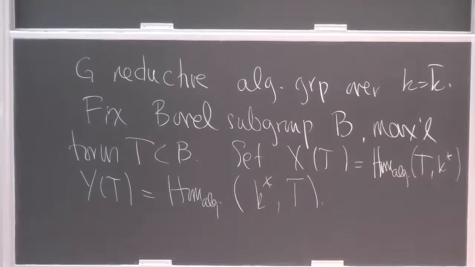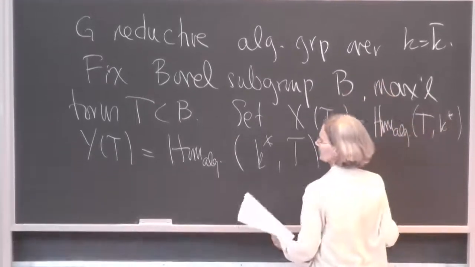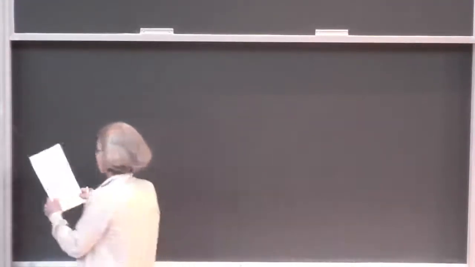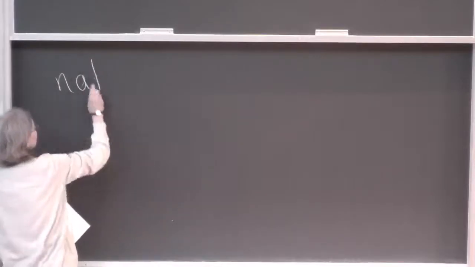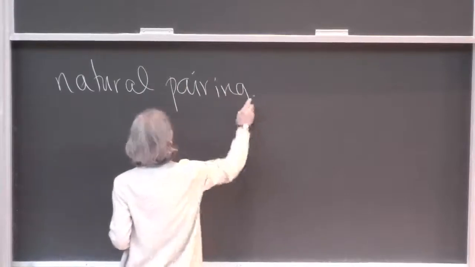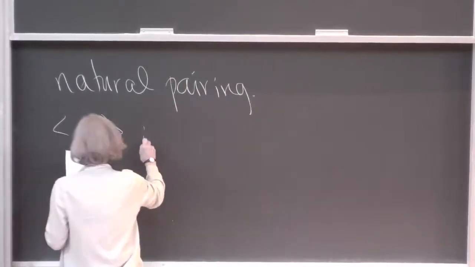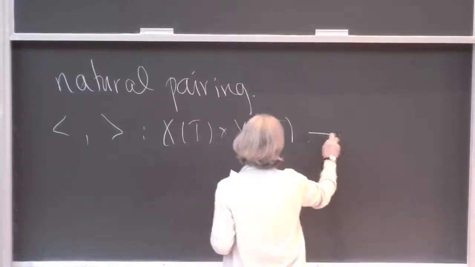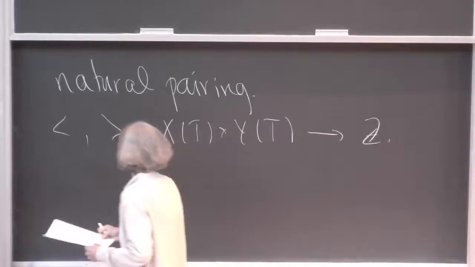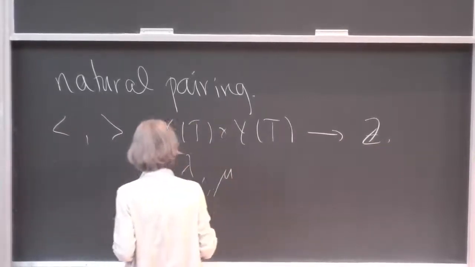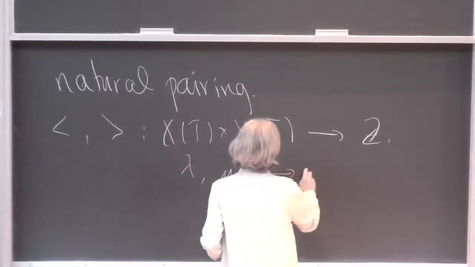All right, then there's a natural pairing between X and Y into the integers, given by, so I take a character lambda and something I'll call a co-character mu, and I map that to an integer m.